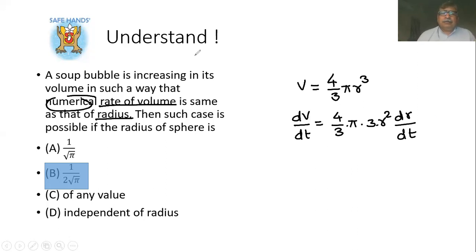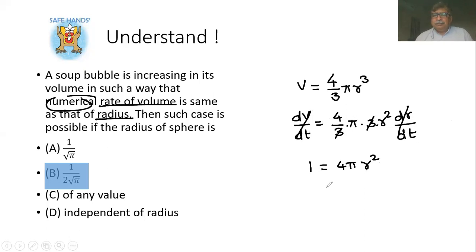Now, because they are equal, obviously they both can be cancelled. This 3 cancels, and I'm left with 1 equal to 4 pi r square.